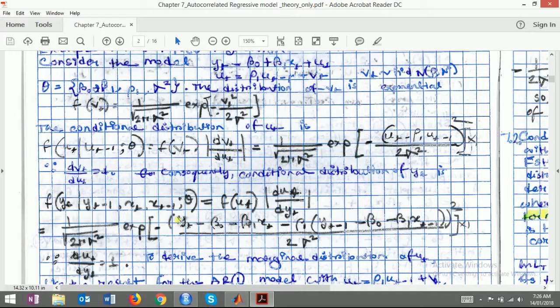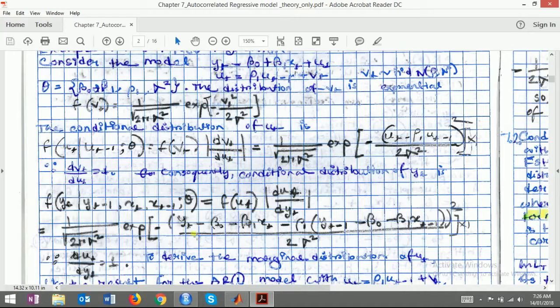So now we have the whole equation, which was yt minus beta naught minus beta 1 xt minus rho 1 times yt minus 1 minus beta naught minus beta 1 xt, because ut is rho 1 ut minus 1 plus vt. That's all, right? So this is ut minus 1.